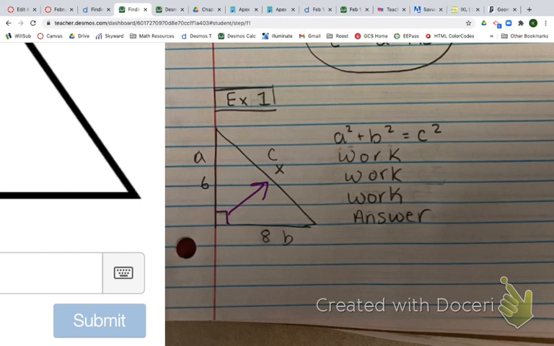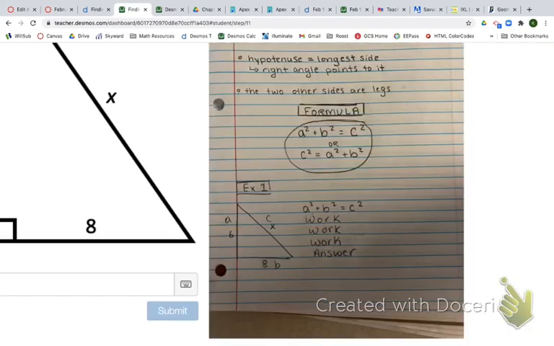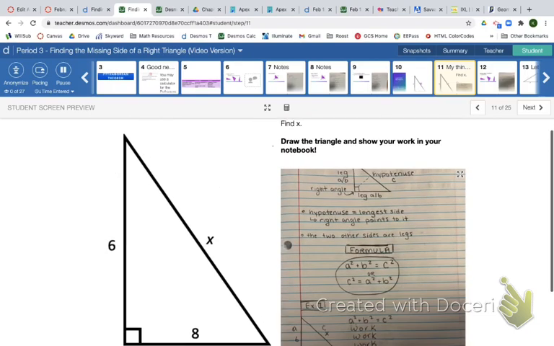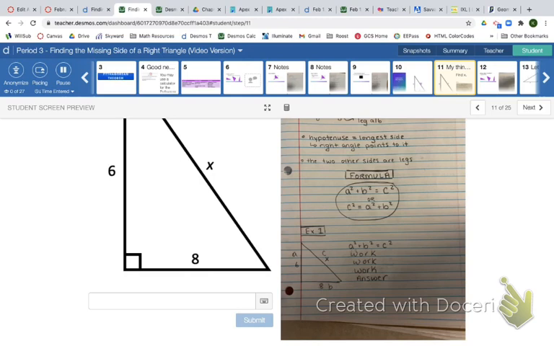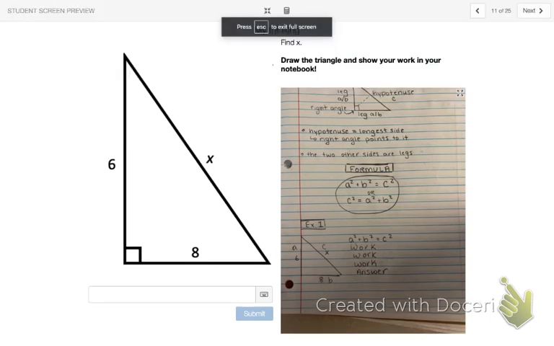Okay, let's actually go ahead and try this one. Let's do it. So I have my triangle here. Let me pull it up so that you guys have a good space. I write down my formula, which is a squared plus b squared equals c squared.